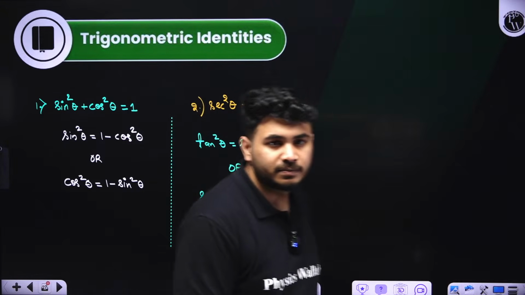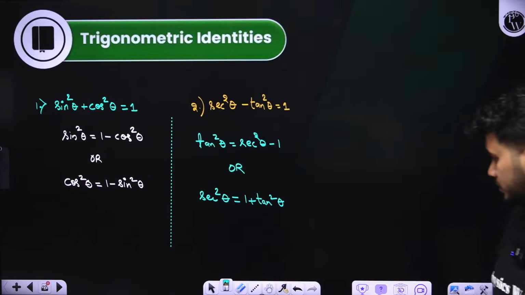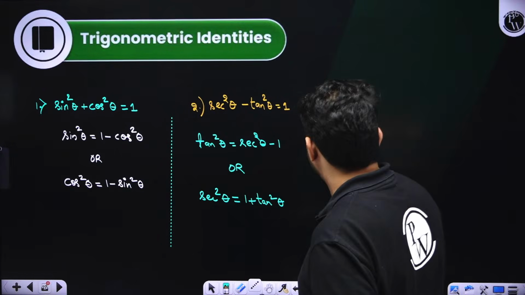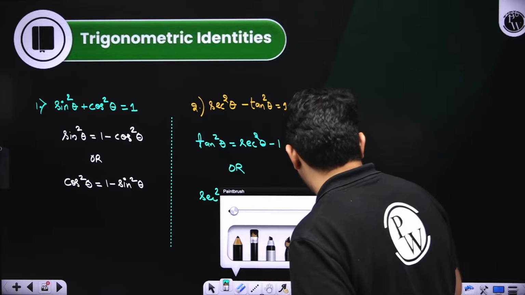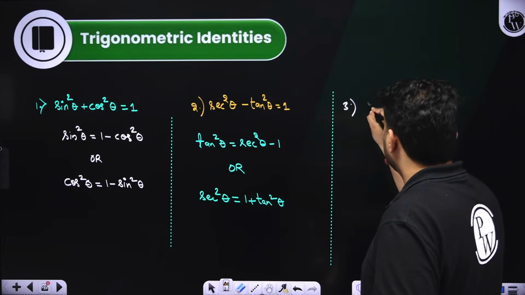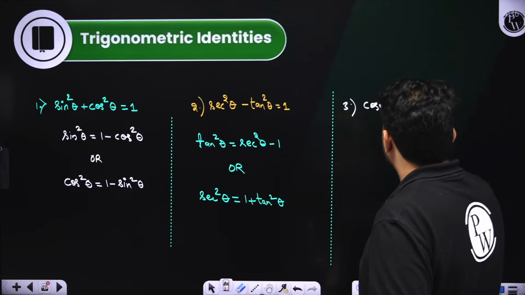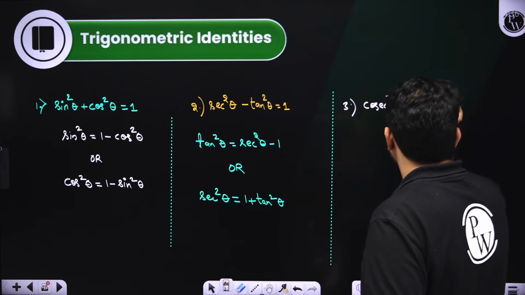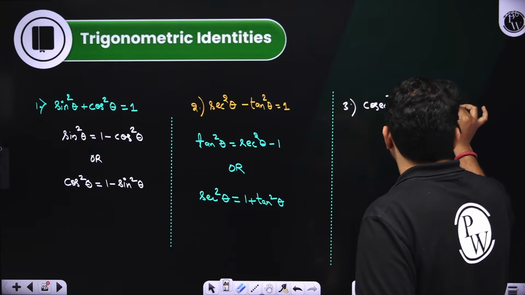Okay, fine. Done. Next. Third one we have: secant square theta minus tan square theta, and cosecant square theta minus cot square theta is equal to 1.